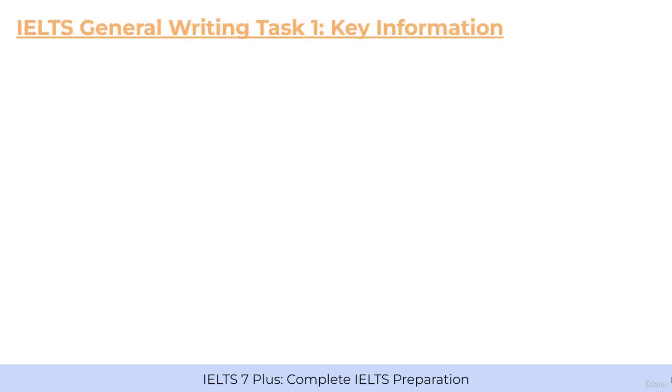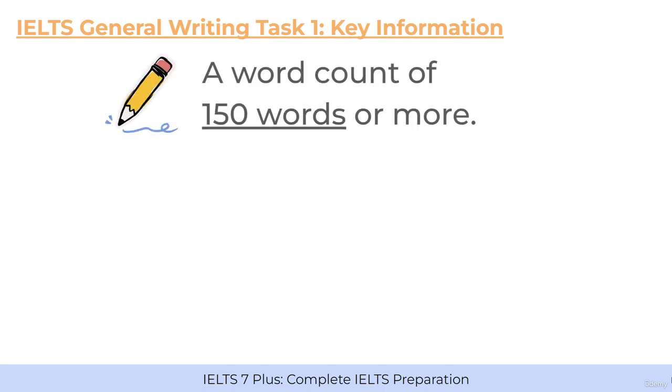Okay, let's move on. Here is some key information for IELTS Writing Task 1. A word count of 150 words or more. A lot of students get worried about this and start counting everything, which wastes quite a lot of time. Really, you want to be aiming for something, say, between 160, 170 to around 190 possibly. When I do my writing, I tend to be over 160 for Task 1, both academic and general.